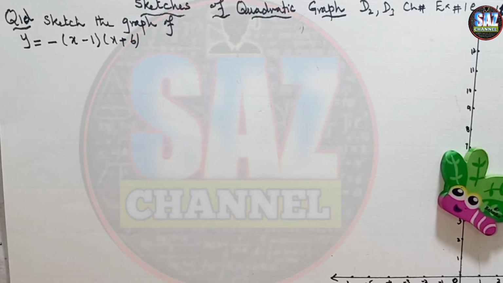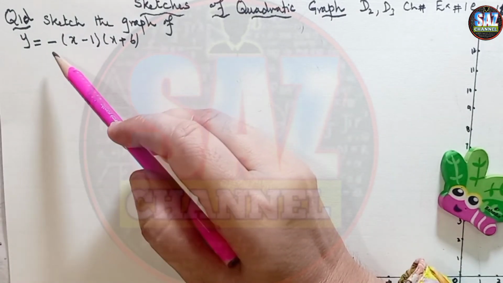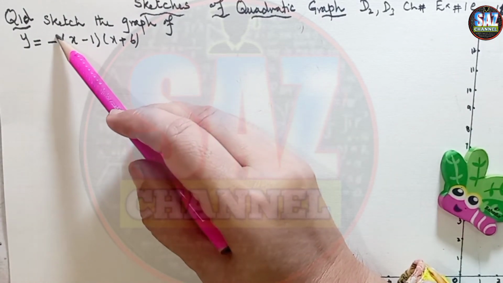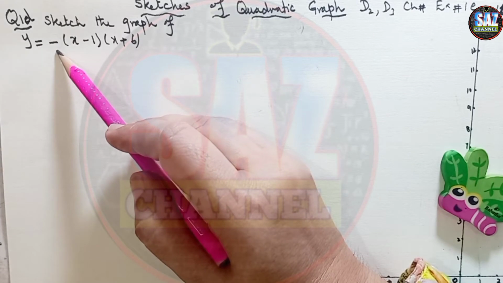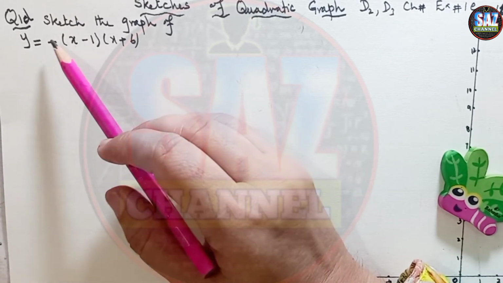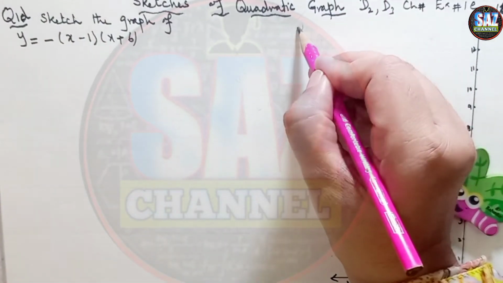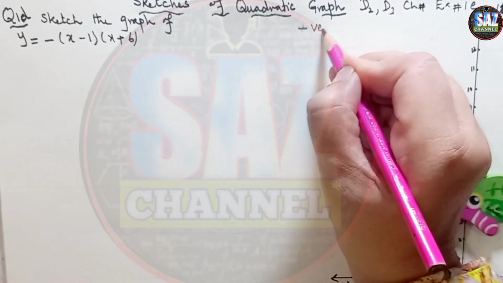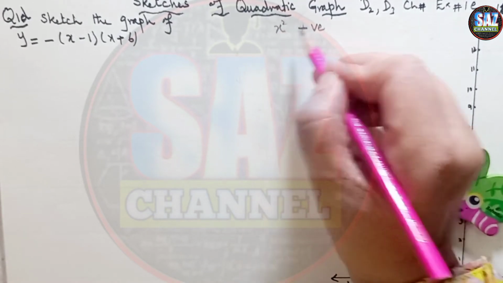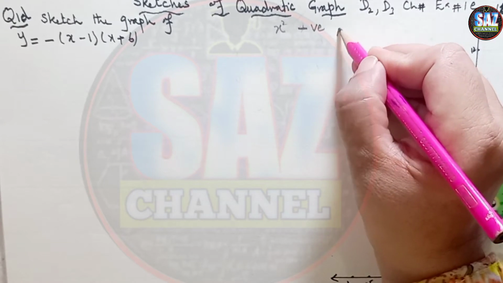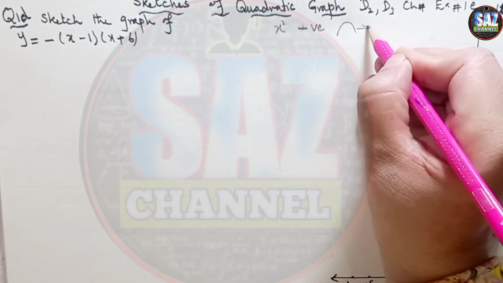So the first step is to visualize from the given question whether the curve will have the opening upward or downward. What will tell us that is the sign of the coefficient of the square term. As the sign of the coefficient of the square term is negative, the curve will have the opening downward and it will have the maximum point.